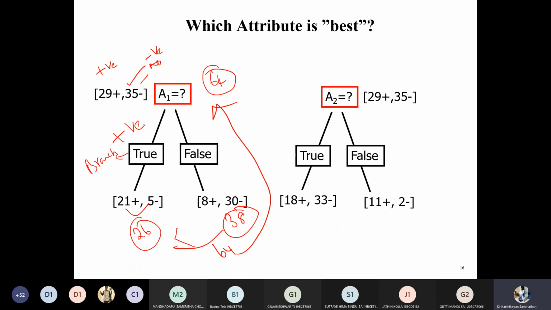Now they are asking which is the best classifier, A1 or A2.